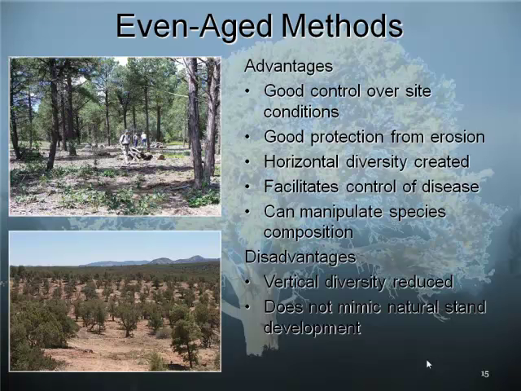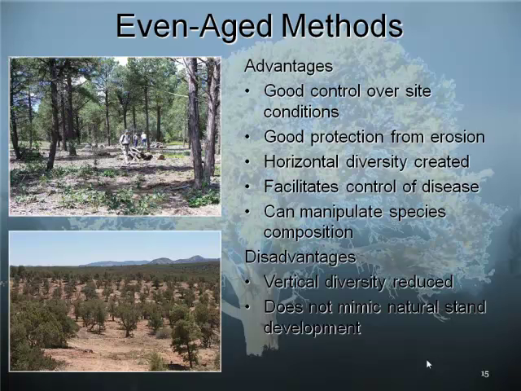Usually in PJ stands, once they reach a certain age, all age classes are present to some degree. But you can do even-age prescriptions in PJ for a variety of reasons. Fuels may be a big reason around homes or urban WUI interfaces.